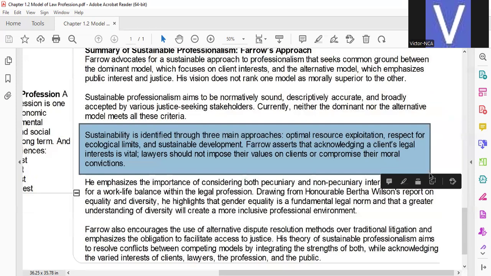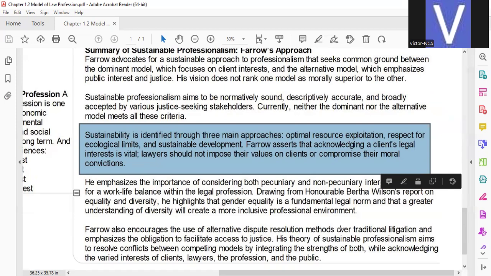Sustainability is identified through three main approaches, and these are optimal resource exploitation, respect for ecological limits, and sustainable development.